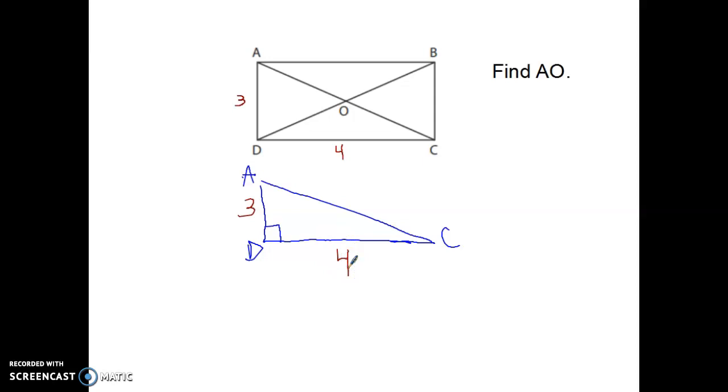I can apply the Pythagorean theorem to try to find the length from A to C. So that means 3 squared plus 4 squared would equal the segment AC squared.